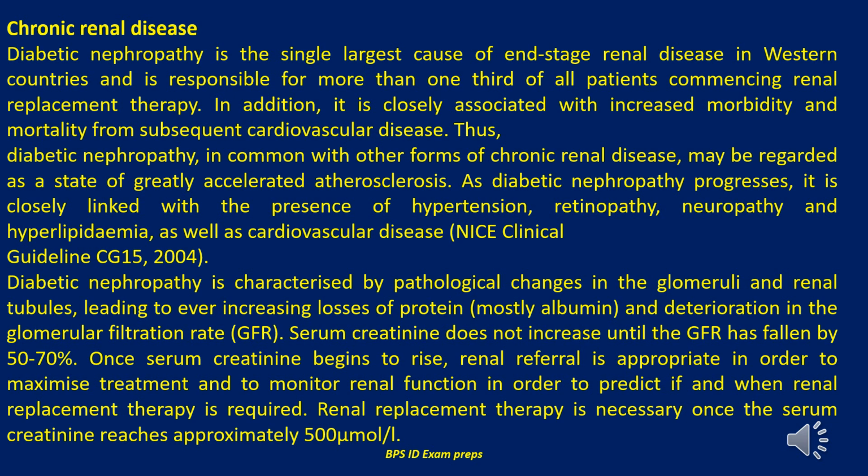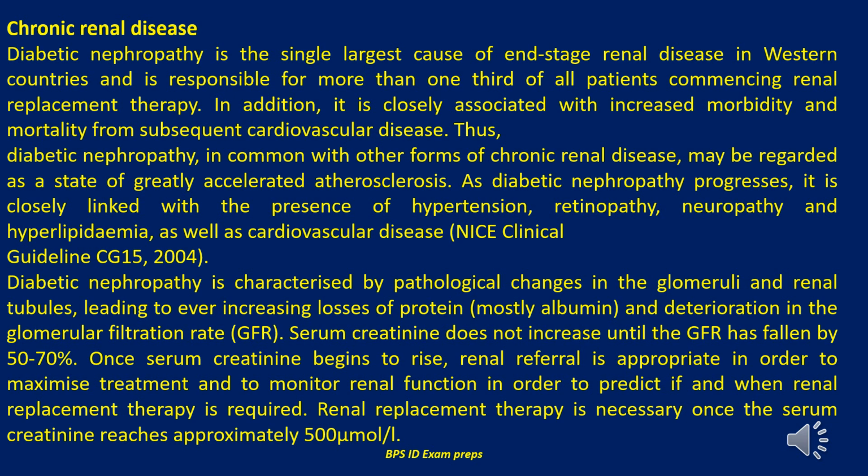Thus, diabetic nephropathy, in common with other forms of chronic renal disease, may be regarded as a state of greatly accelerated atherosclerosis. As diabetic nephropathy progresses, it is closely linked with the presence of hypertension, retinopathy, neuropathy and hyperlipidemia, as well as cardiovascular disease. NICE Clinical Guidelines CG 15, 2004.